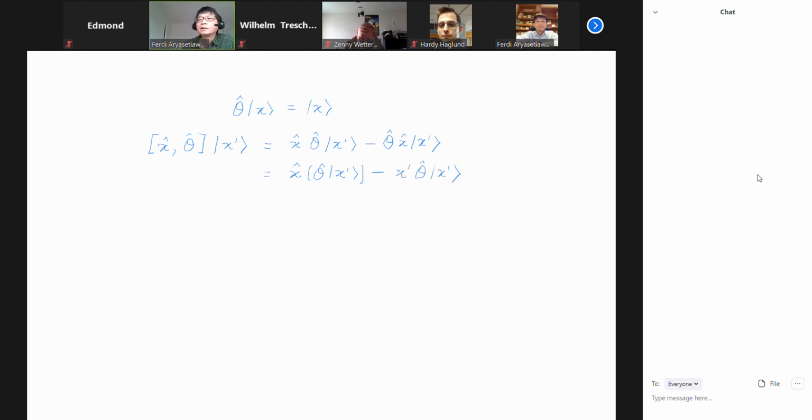So x is a real number, so it's not affected by the complex conjugate. So this is 0 because this is 0. Then we can say that this state is also an eigenstate of the position operator, with the same eigenvalue x prime.